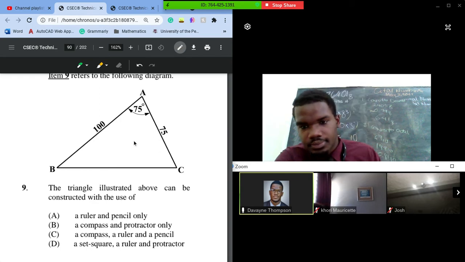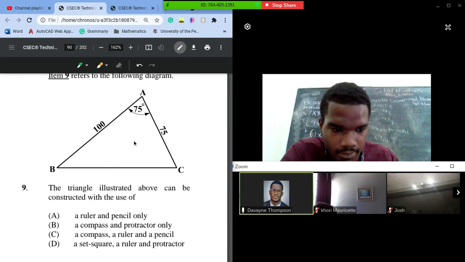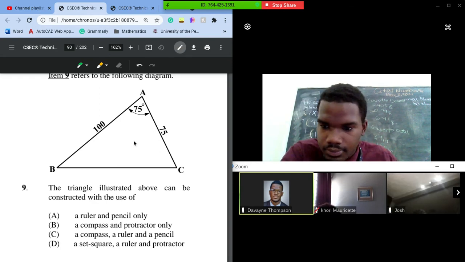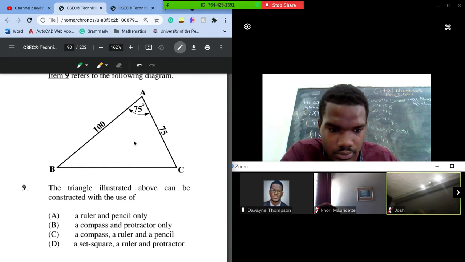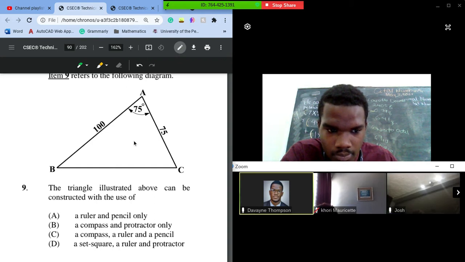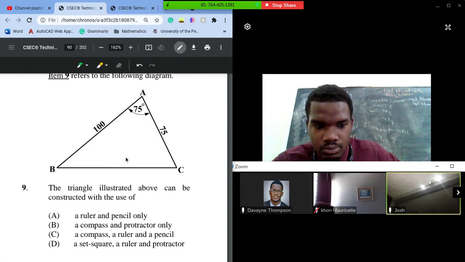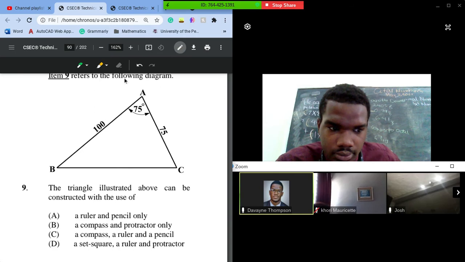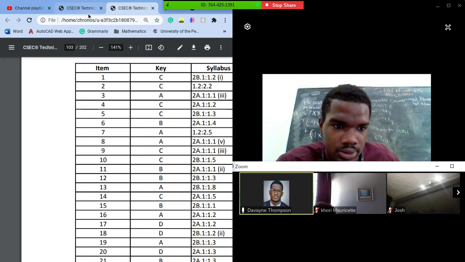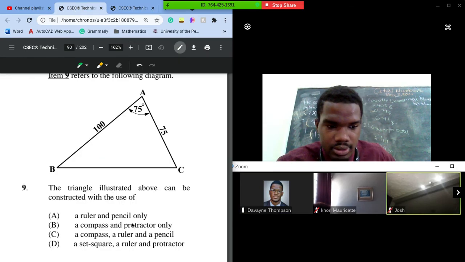Josh. A compass, ruler and pencil. Alright, 9 is C. Yes.